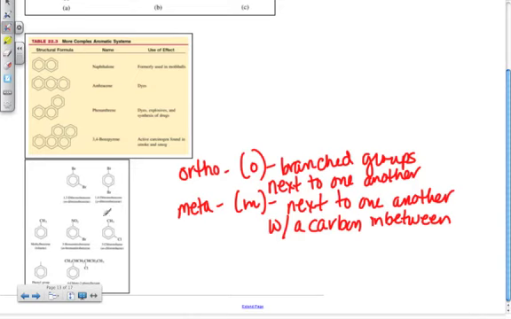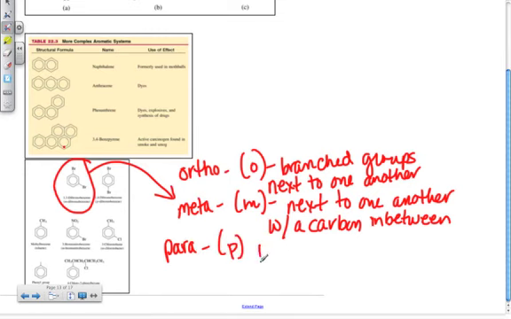So that would be this one right here, or 1,3-meta dibromo. This is this one right here. So this is an example of meta. It's 1,3-dibromobenzene. And then we have para, which is a P, where the branch groups are opposite one another.